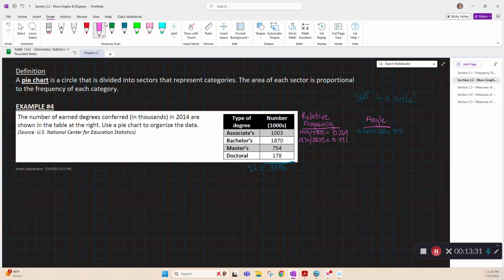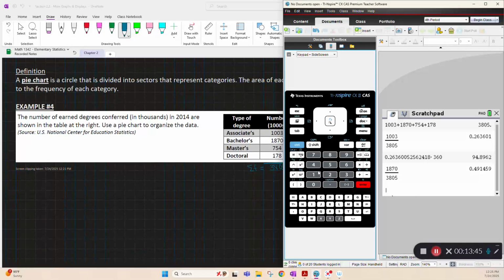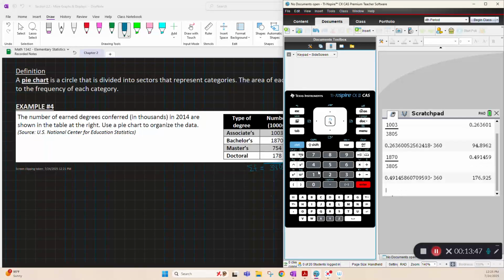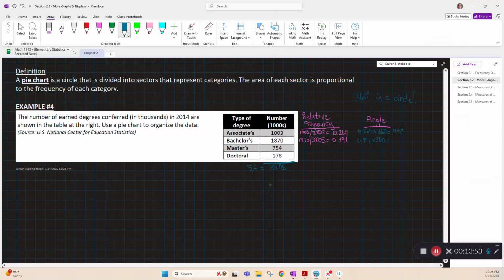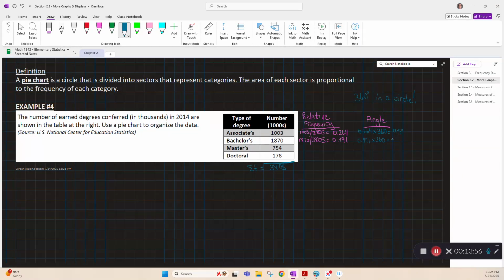That's our relative frequency. So to get my angle, I would do 0.491 times 360. That's 176.9, so we're going to say about 177. So 177 degrees for that one.